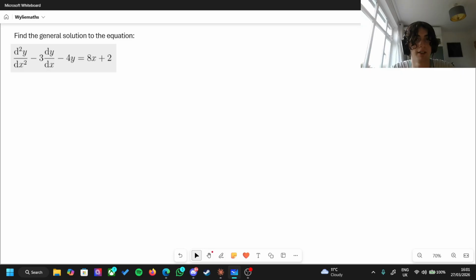So this time we're going to calculate our general solution, what we would call the complementary function, as usual. That is what we calculated in the previous question. And then we are going to find our particular integral, which just jams on the end. That's the part that is not equal to 0.